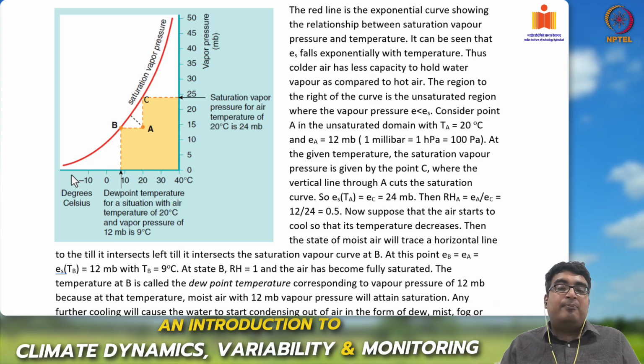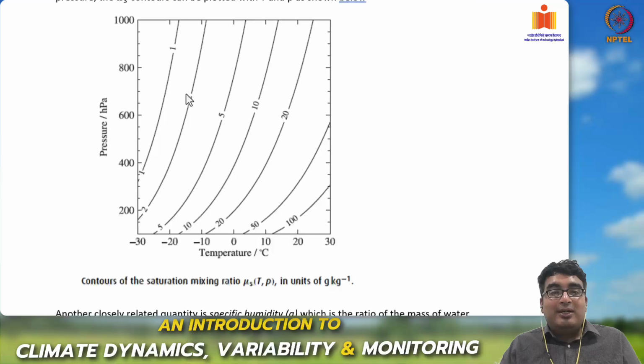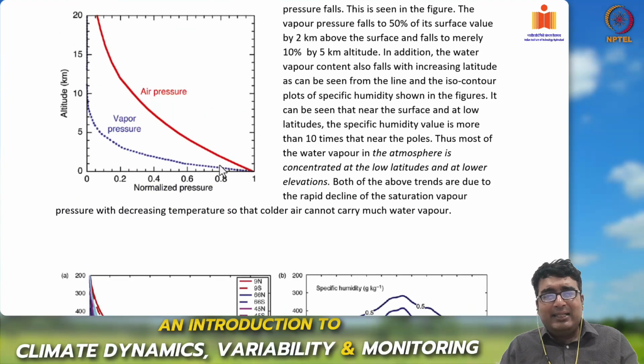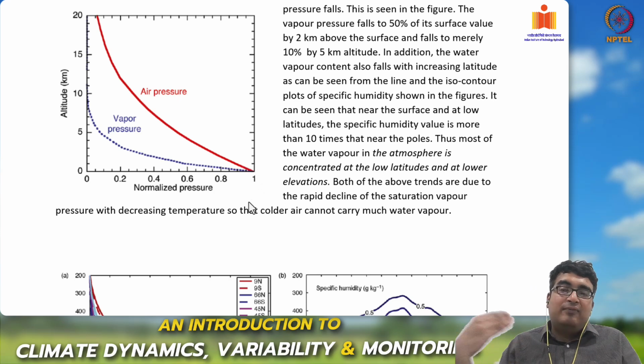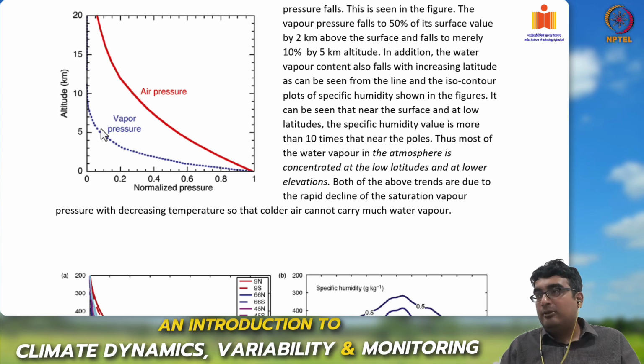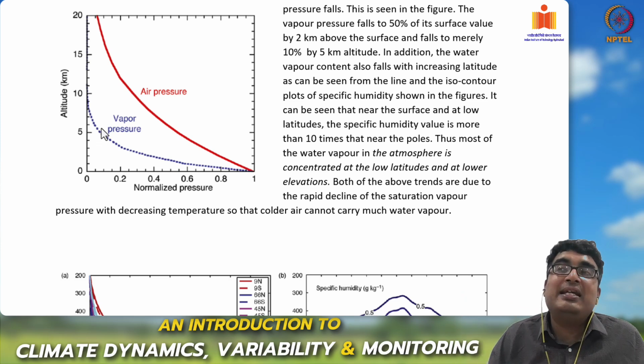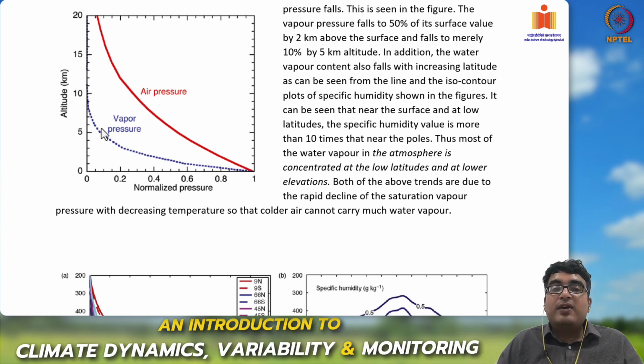Now the actual vapor pressure will always be lower than the saturation vapor pressure, correct? So what you are seeing here is that the actual vapor pressure is declining also very quickly compared to its normal, standardized value at sea level. So if the sea level vapor pressure is say 1, then by an altitude of 5 kilometers it has gone to 0.1 because of the rapid decrease in temperature in the tropospheric region, and it goes close to 0 by 10 kilometers.